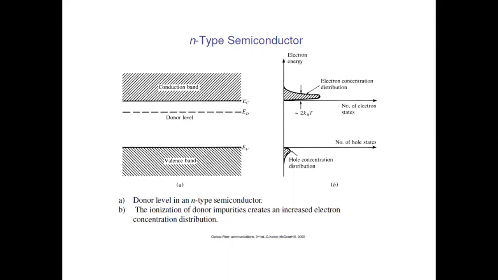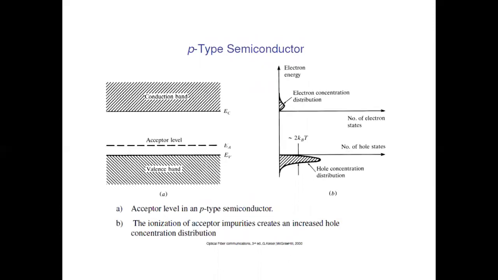It's actually, for N-type, the opposite way. You have a donor level here, and that already has electrons which jump to the conduction band. Whereas for acceptors, you have an acceptor level near the valence band.